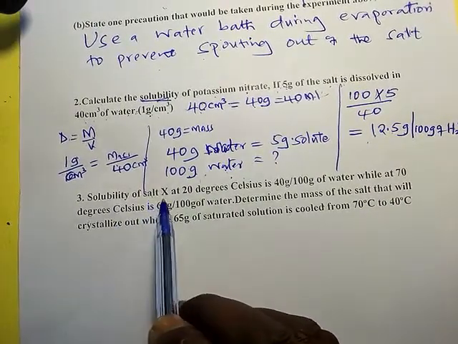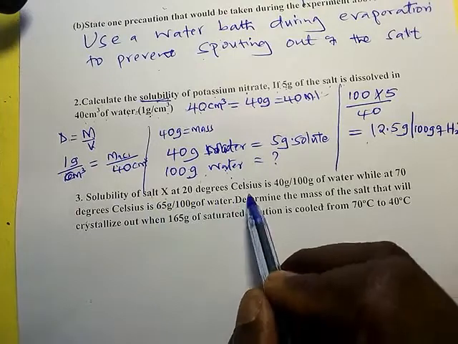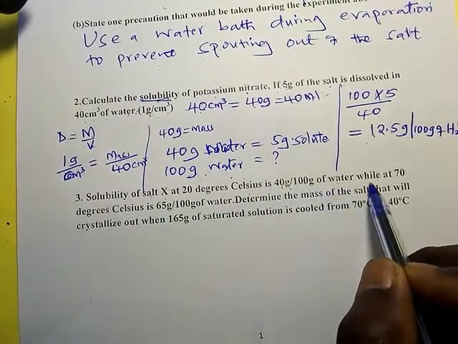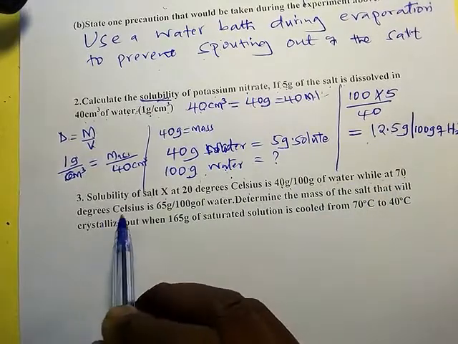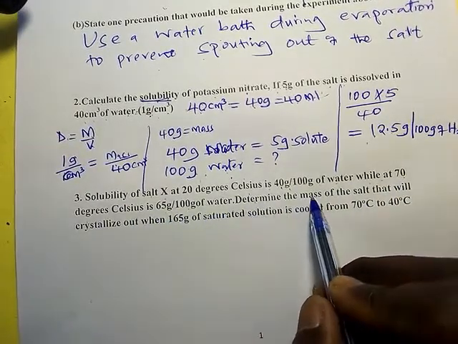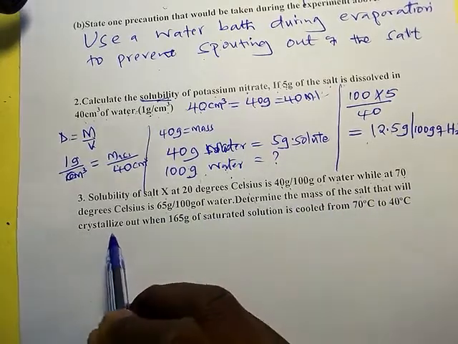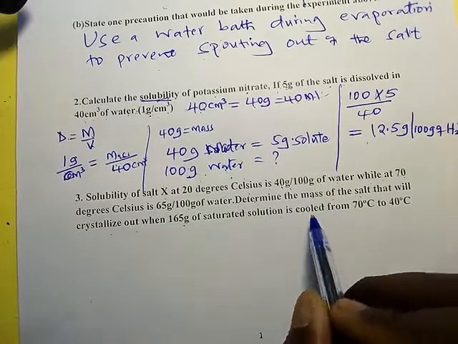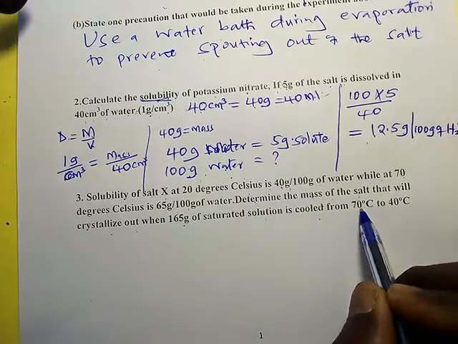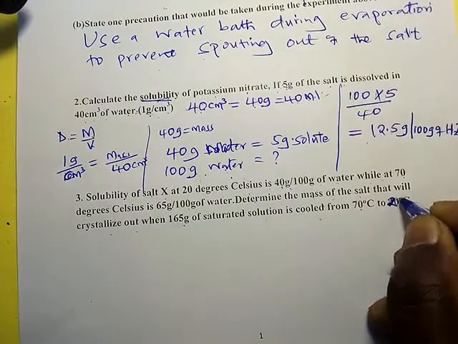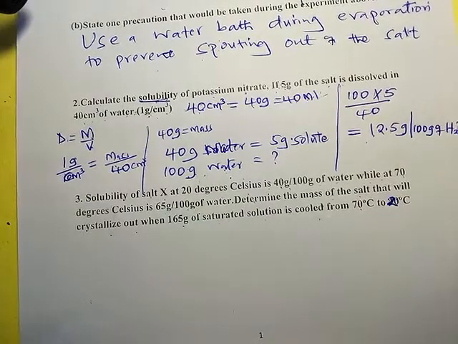Solubility of salt X at 20 degrees Celsius is 40 grams per 100 grams of water, while at 70 degrees Celsius it is this. Determine the mass of the salt that will crystallize out when 165 grams of a saturated solution is cooled from 70 to 20. It is supposed to be 20 degrees Celsius.